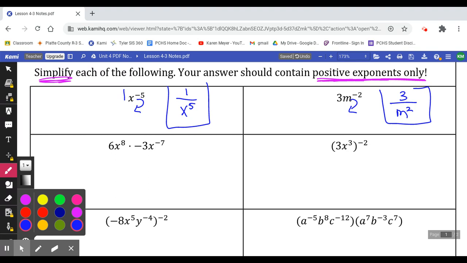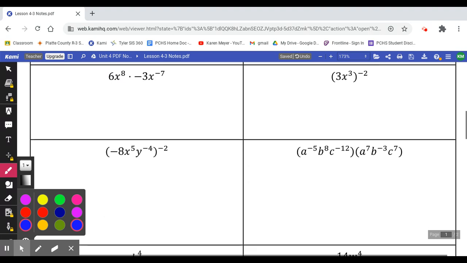Now, here's a fun part. We're going to take all of the rules that we've talked about and start meshing them throughout the rest of these problems. I hope you didn't forget those. So if we go back to this one, multiply your coefficients. So 6 times negative 3 is negative 18.